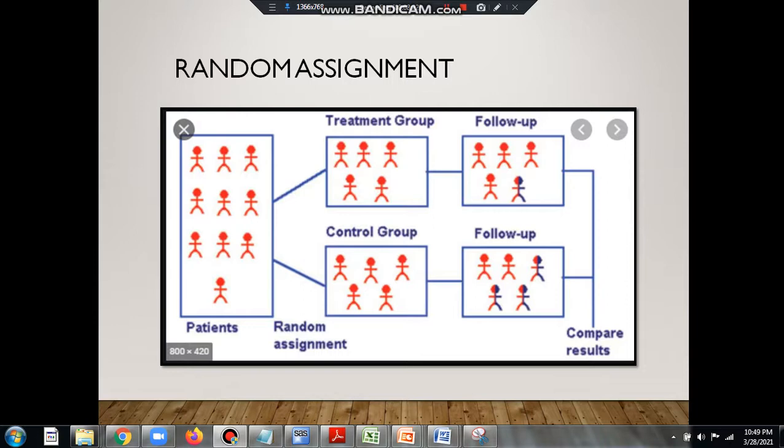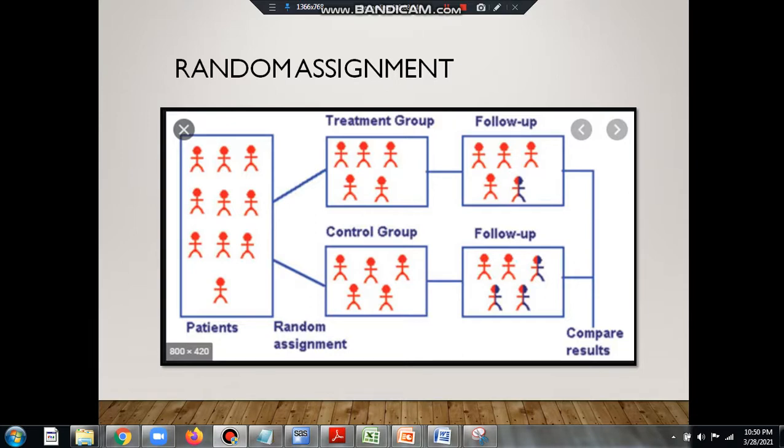So imagine we have 10 patients, and we want to see the effect of meditation on anxiety disorders in people. We assign 5 to the meditation group, that is the treatment group, and 5 to the control group, which doesn't receive any meditation intervention.